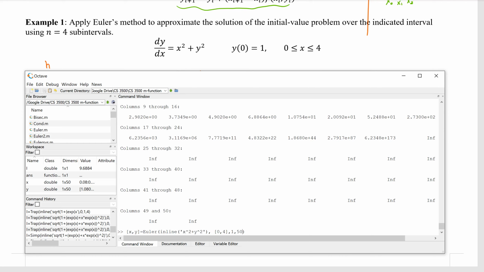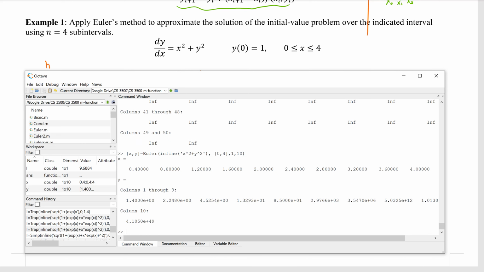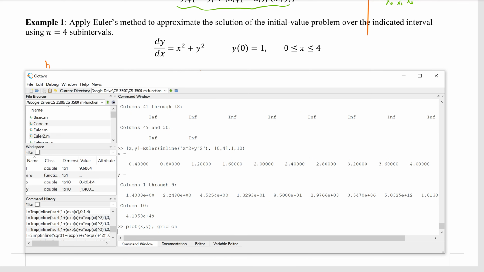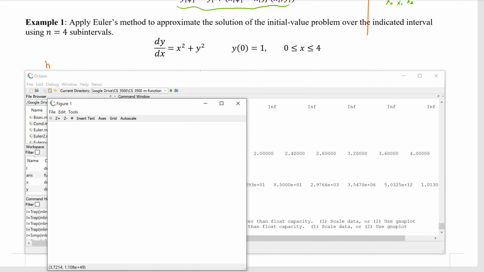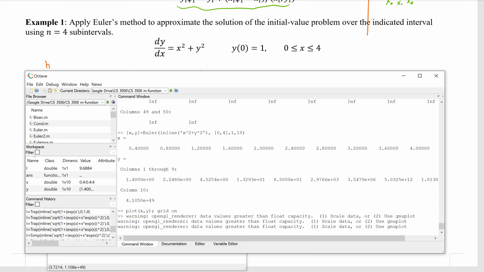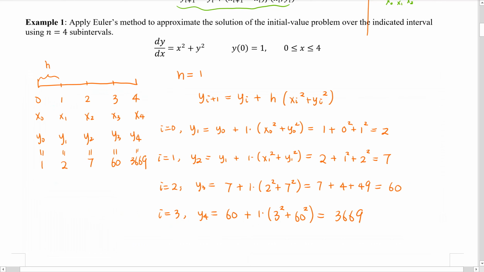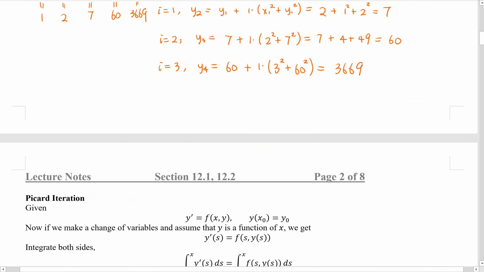Okay, but we can do, let's say, 10 steps. Then we can graph it. Okay, let's see. Oh, probably because the numbers are also so big. Yeah, it's too big, so it's hard to plot it. Okay, but we did a 4-step and it matches with our numbers.